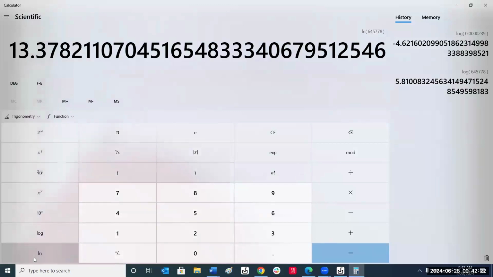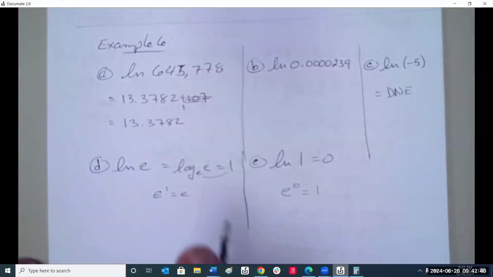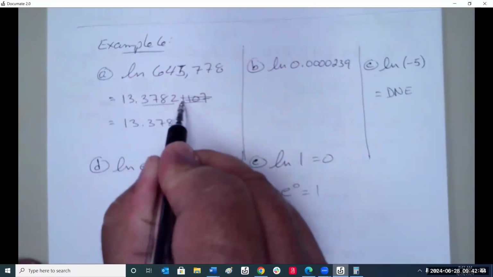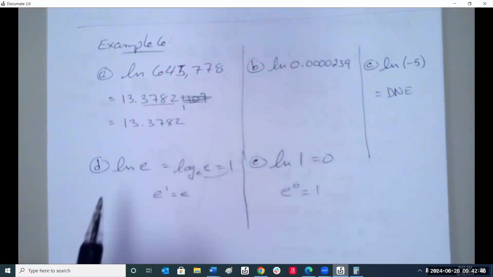So what's my final answer? Yeah, because the 5th number is 1, so we just drop those. Since here are the 4 digits we want, the 5th is a 1, so we just drop it.